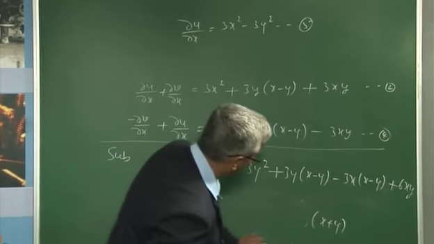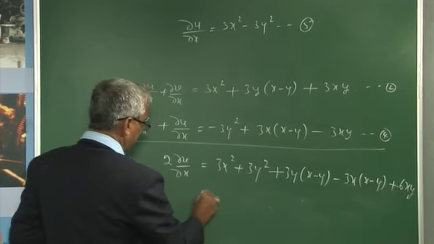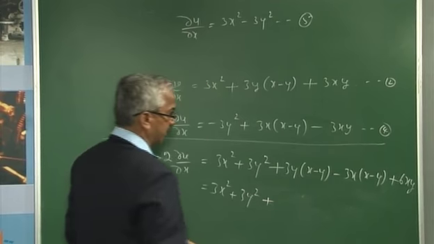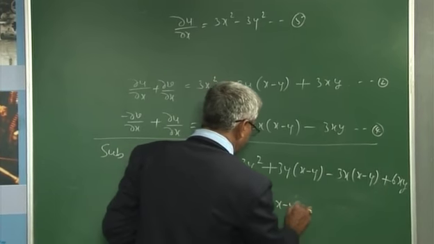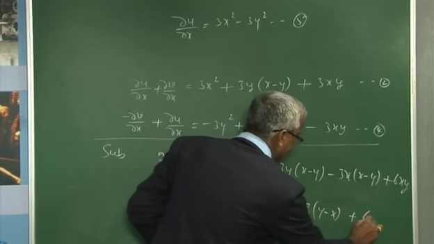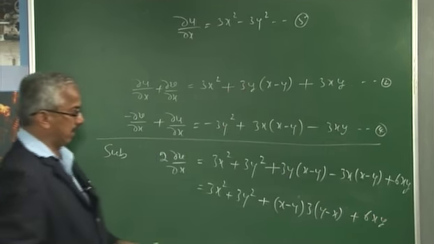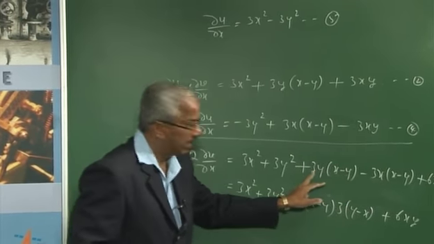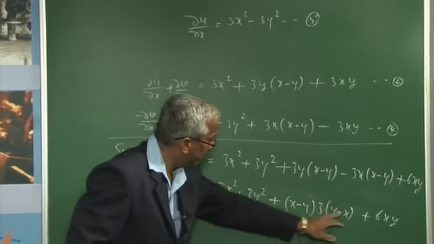Simplify this by using the simple 3x squared plus 3y squared plus here x minus y is a common factor, 3 into y minus x plus 6xy.